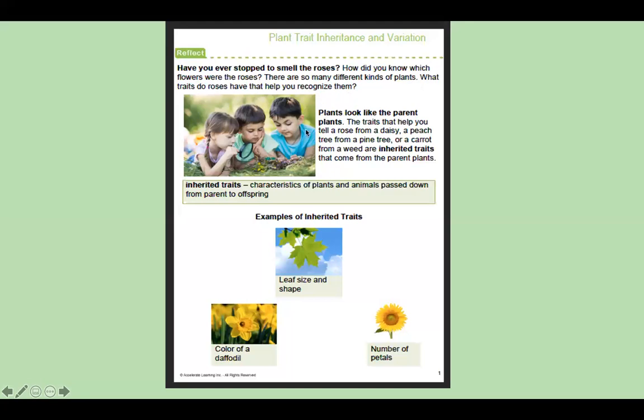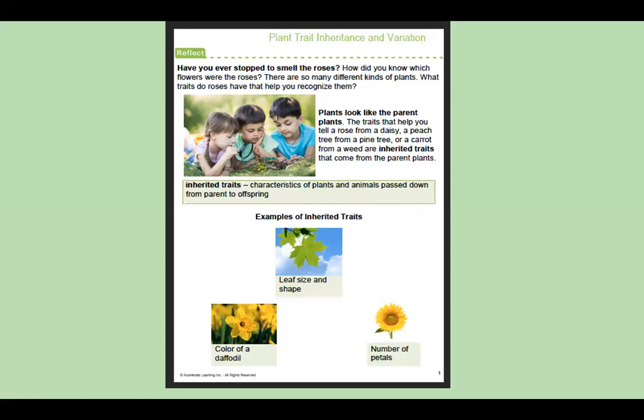Plants look like the parent plant. The traits that help you tell a rose from a daisy, a peach tree from a pine tree, or a carrot from a weed are inherited traits that come from their parent plants. Inherited traits, characteristics of plants and animals passed down from parent to offspring. So this is similar to what we were just talking about.